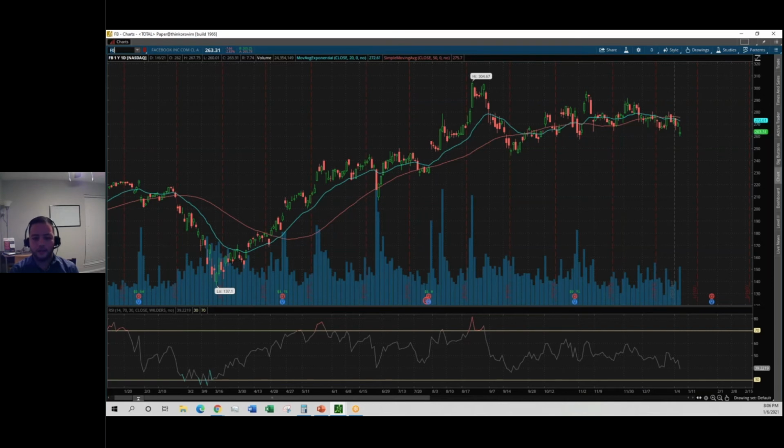RSI, the best opportunity, if you're playing directionally, is going to be when the line breaches either of these two lines, because technically you could place a trade here with this reading leaning towards oversold, but it's not quite there yet, and it doesn't actually reach the threshold.